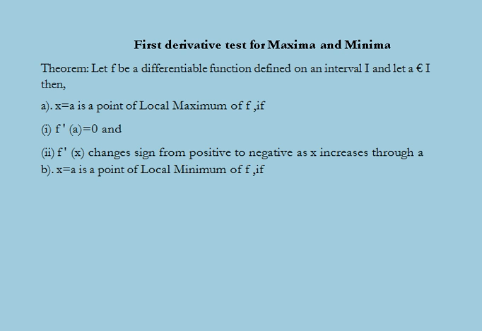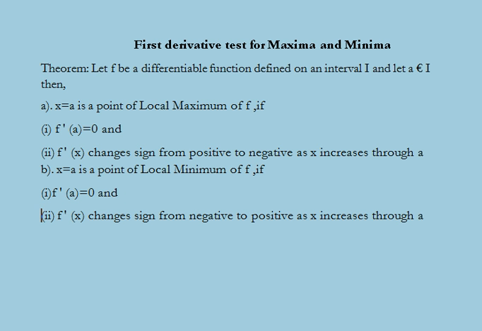And x equal to a is a point of local minima of function f if f'(a) is equal to 0 and f'(x) changes sign from negative to positive as x increases through a, that is, f'(x) is less than 0 at every point sufficiently close to and to the left of a, and f'(x) is greater than 0 at every point sufficiently close to and to the right of a.